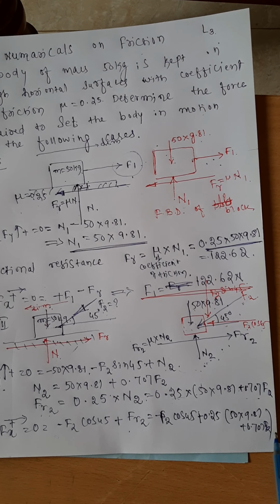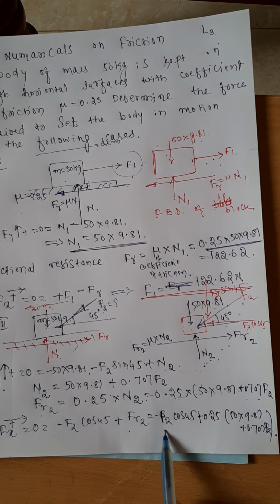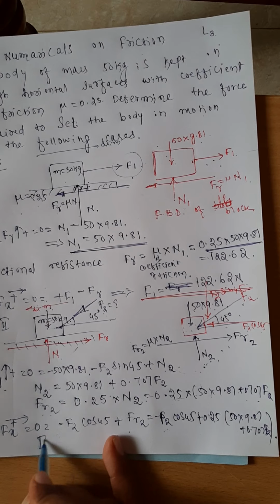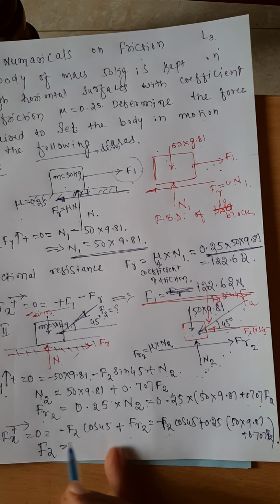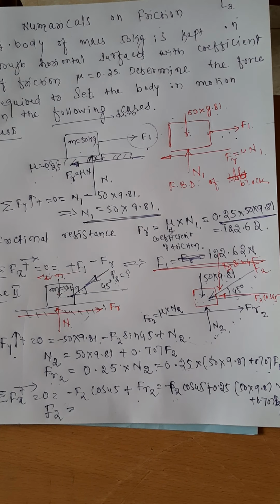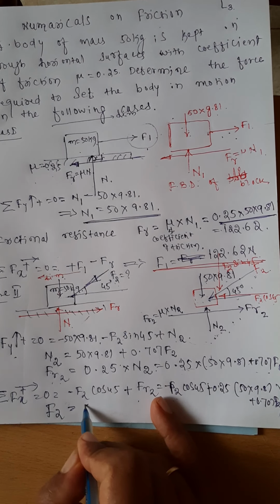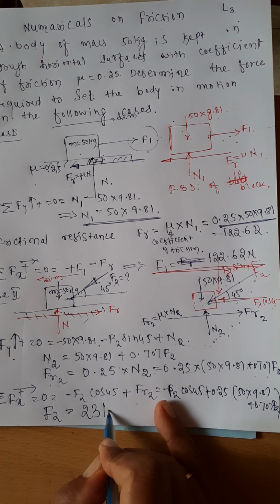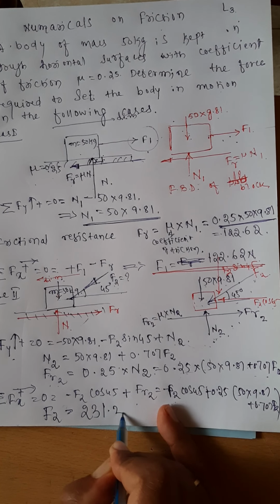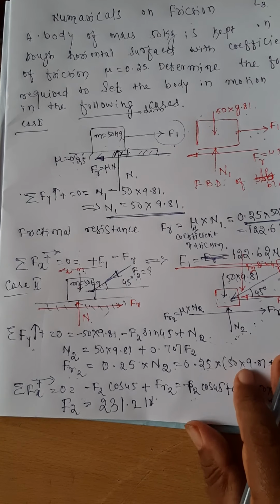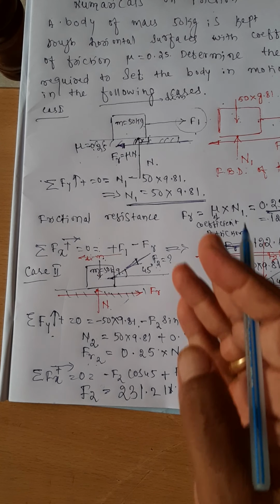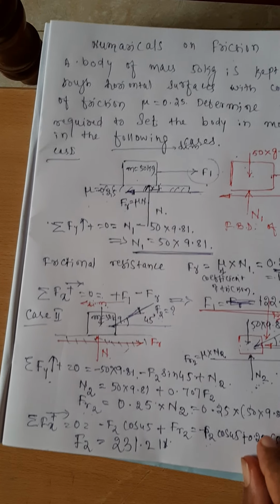In the whole equation, the only unknown is the value of F2. Hence, you calculate for F2. The value of F2 comes out to be 231.21 Newton.